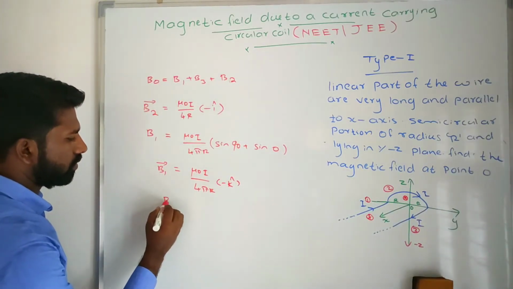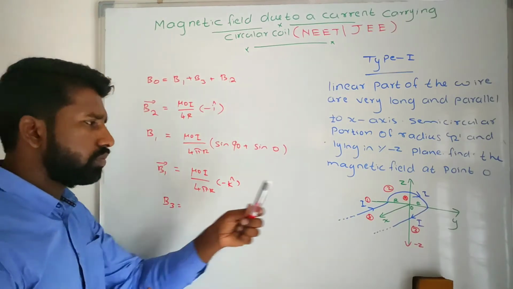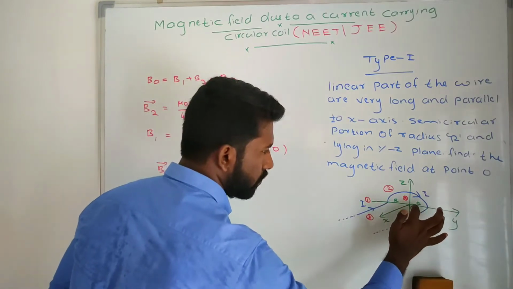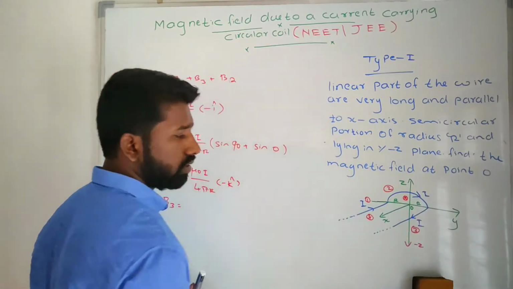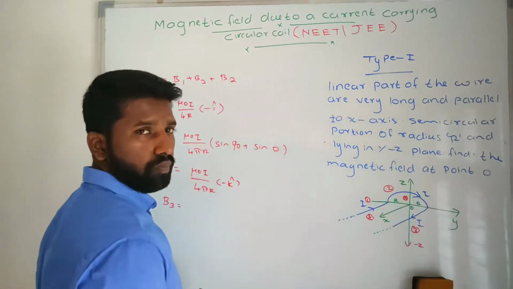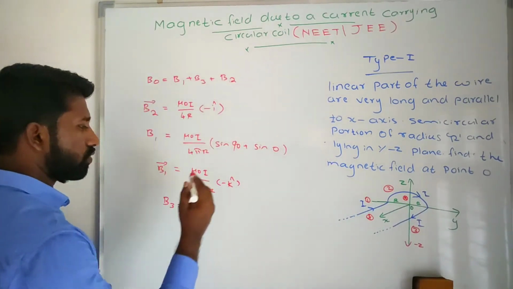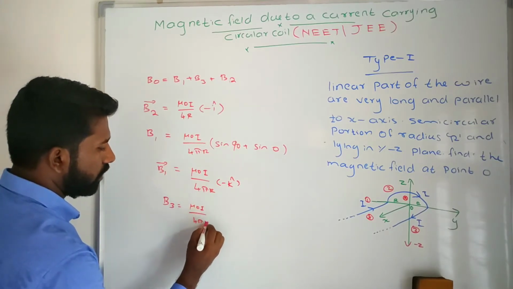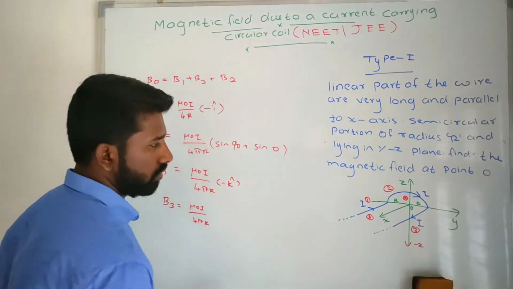You see B3 is also similar to the B1 portion. One end of B3 makes an angle 0, the other end of B3 makes an angle 90 degree, and the distance from O is also r. So the magnitude is mu 0 I by 4 pi r. We will see only the direction.